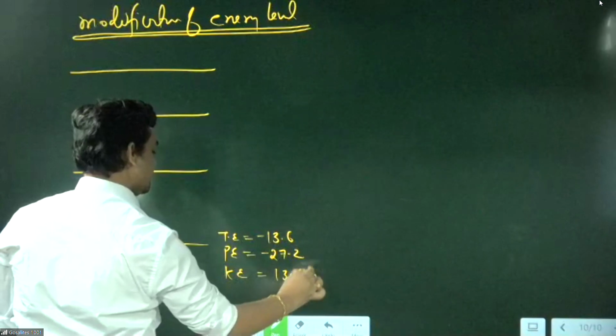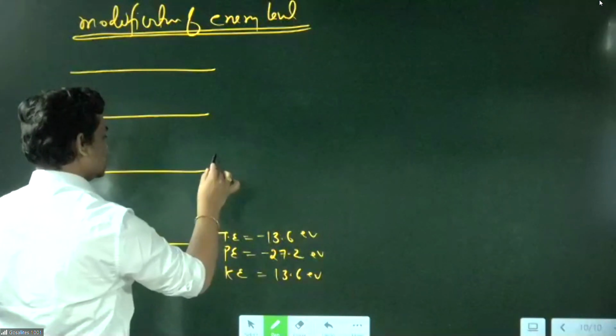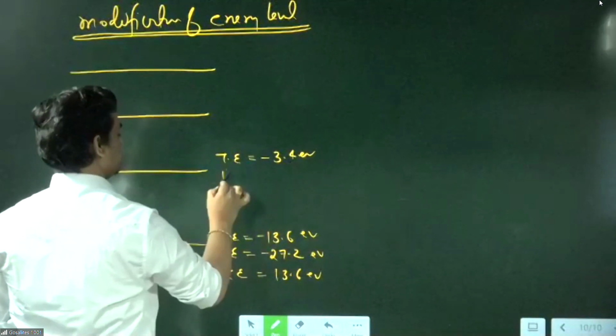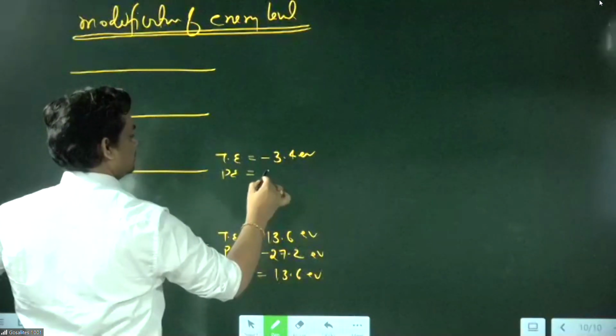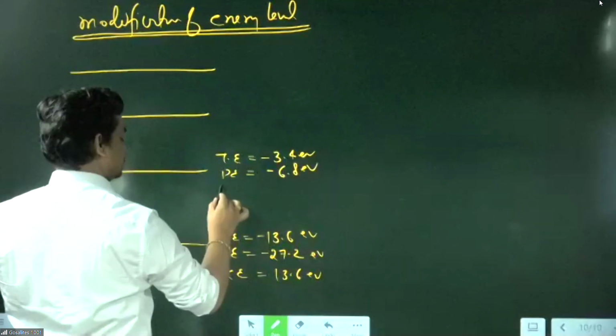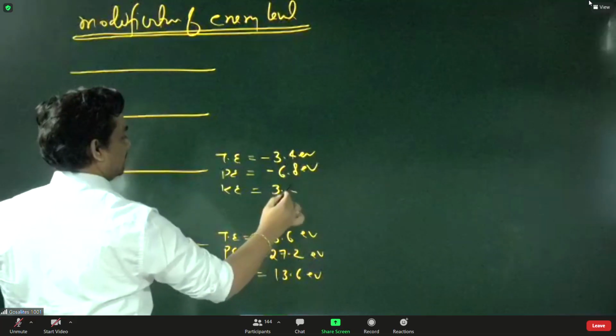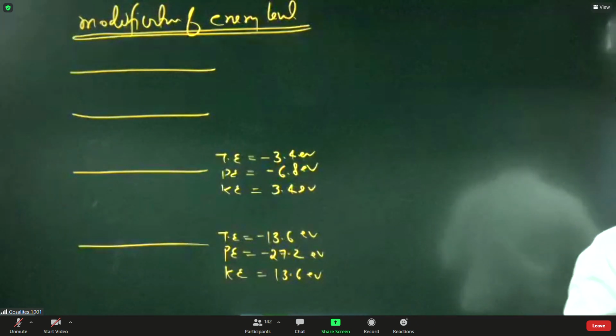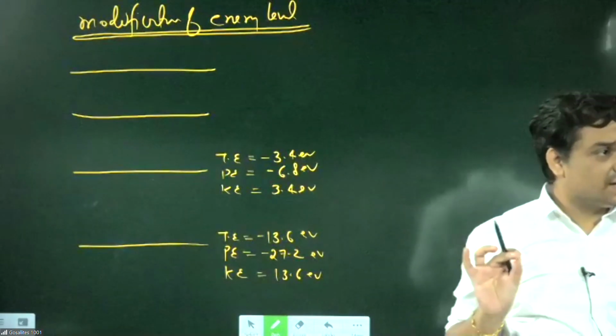All are in eV. Here the total energy was minus 3.4, potential was how much? Minus 6.8, and this was 3.4. Potential and total are changed. Only potential changes, kinetic has no change.